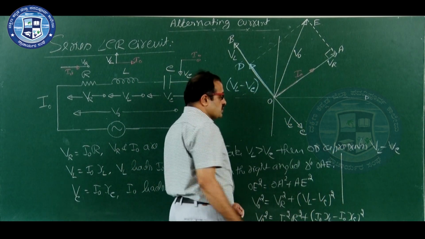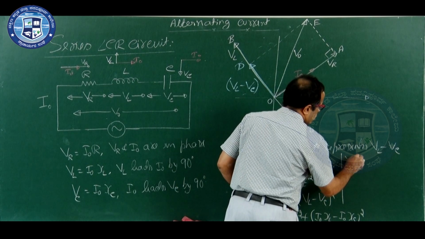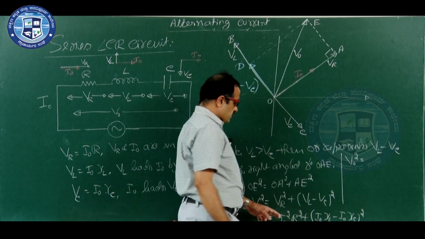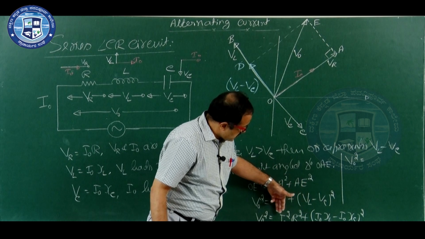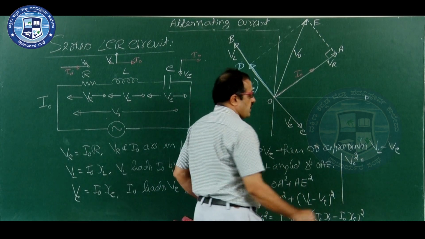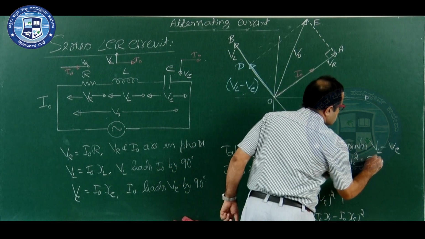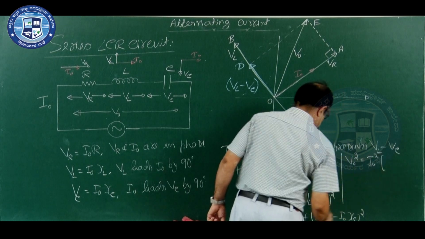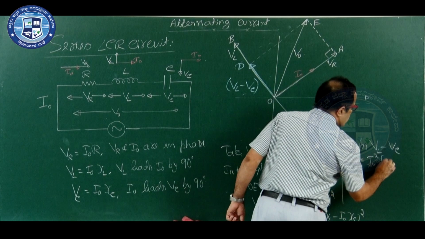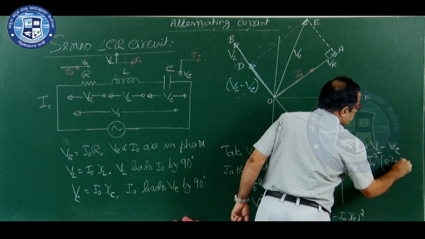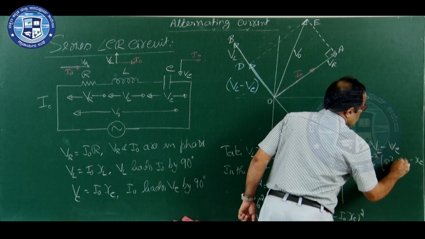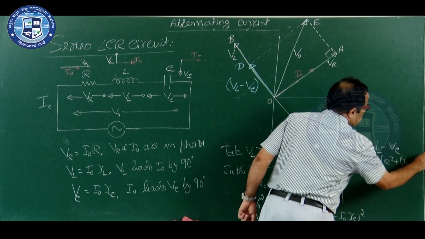Now, V naught square is equal to, we can take I naught as a common term outside. Therefore, it is I naught square, and what are the remaining terms? R square plus XL minus XC whole square.